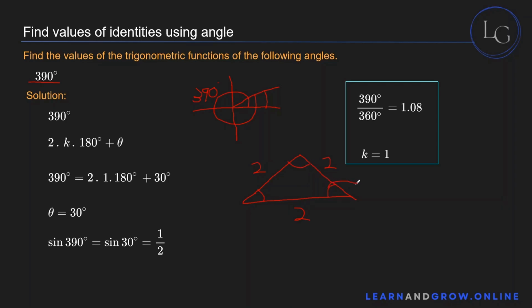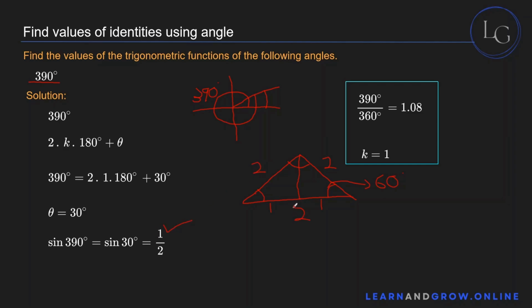So this angle is 60 degrees, so is this angle, and so is this angle, because it's an equilateral triangle. Once you divide this triangle in half, basically this side would be 1 and this side would be 1. And this angle is 30 and this angle is 60. So sine 30, the sine of this angle, is just 1 by 2.